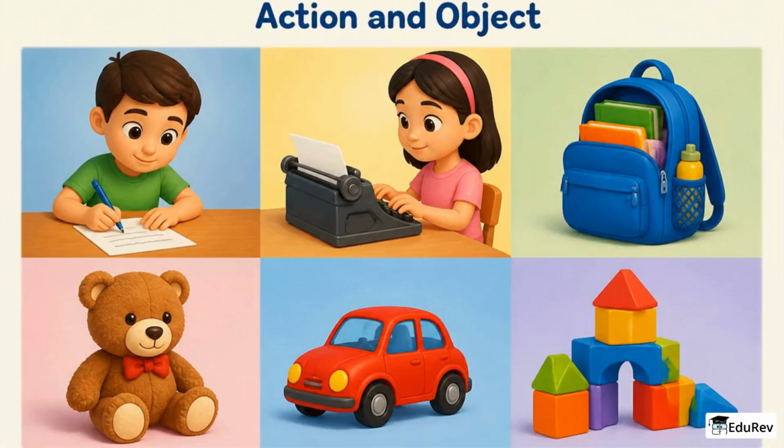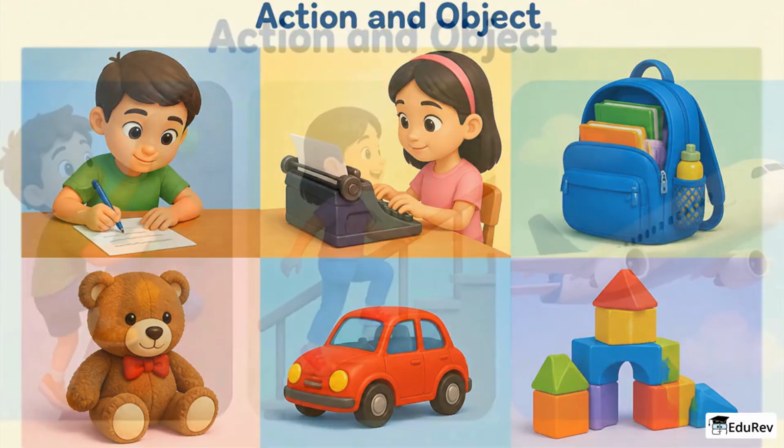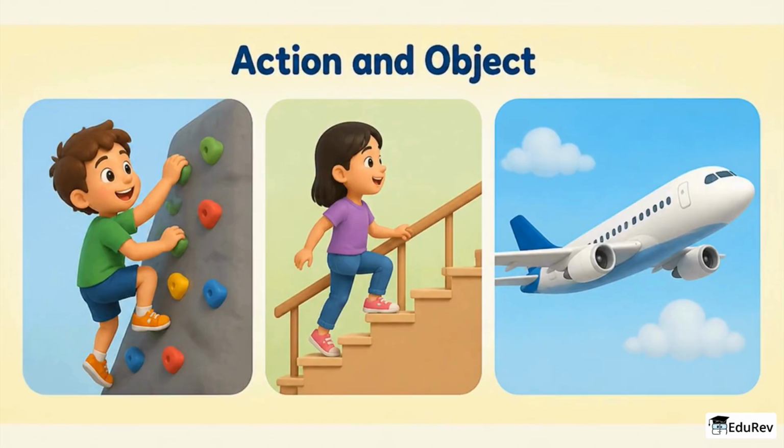Action and object shows what an object does or is used for, like a pen is used to write or typing uses a typewriter. Other examples are climb and staircase, travel and aeroplane. These show actions and objects that go together and help us understand better.